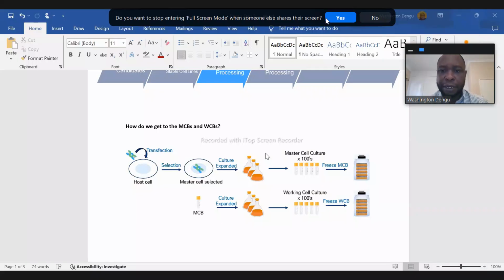Each master cell bank vial is expanded into several cultures, and these cultures are then frozen into working cell banks. So we then see the working cell banks that are then used in the downstream processes.